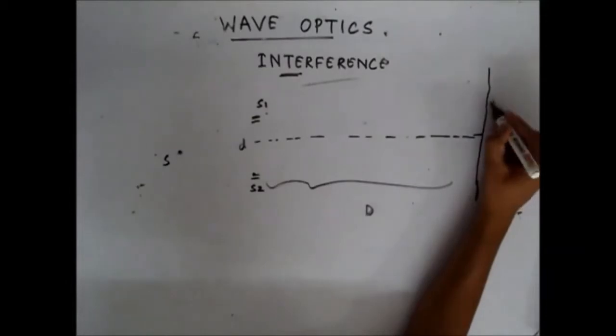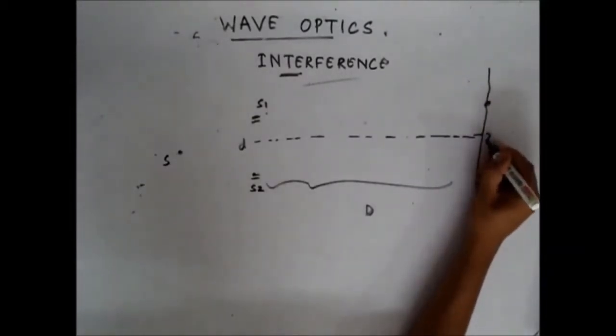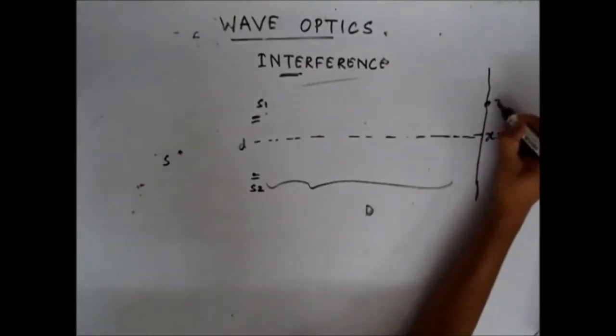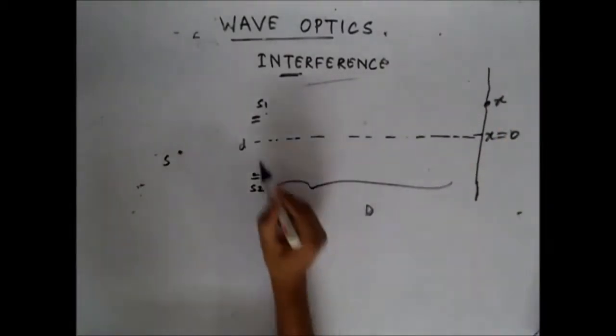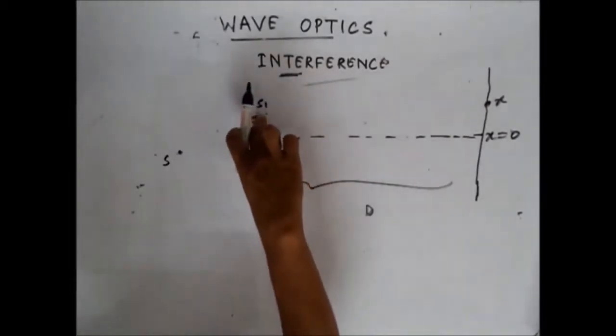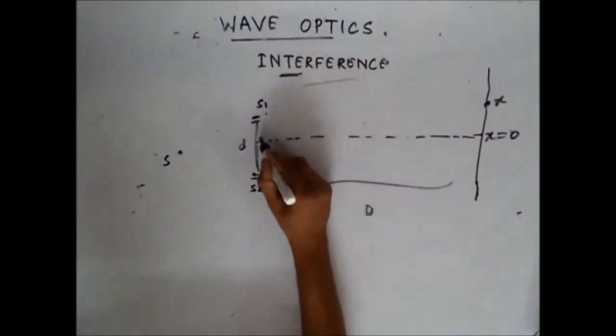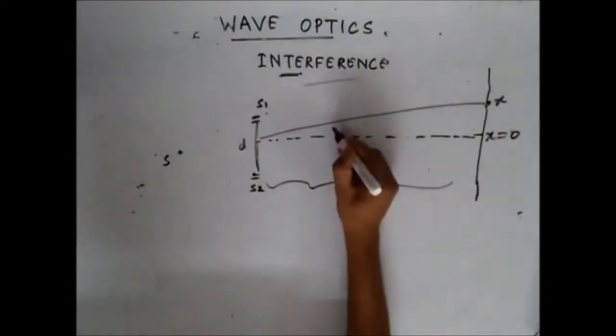Now let's take some point here. Let's assume that this is x equal to 0. Let's take some point at this distance x, so that from the center of the two slits, this angle is theta.